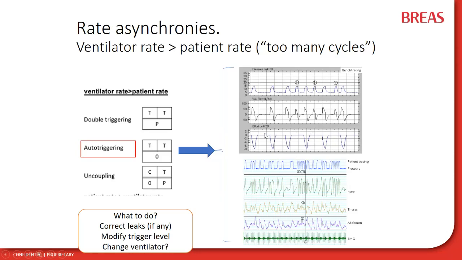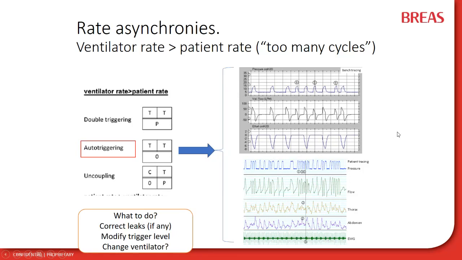For example, if we look at the simulation, this cycle corresponds to this effort, but there is an effort in the middle here and here that does not correspond to the effort of the patient and should not be considered a controlled cycle, because the distance from the previous cycle is shorter than this one, for example.